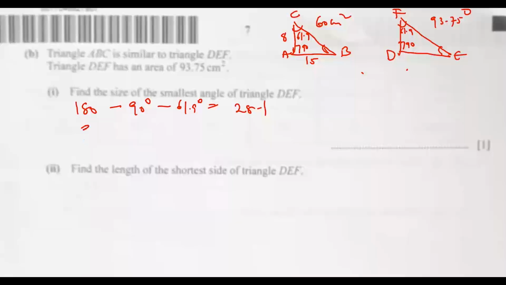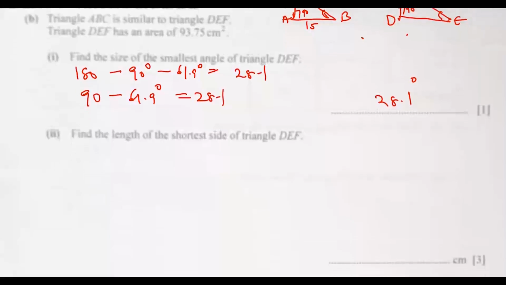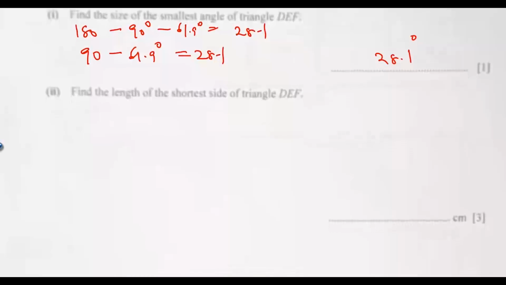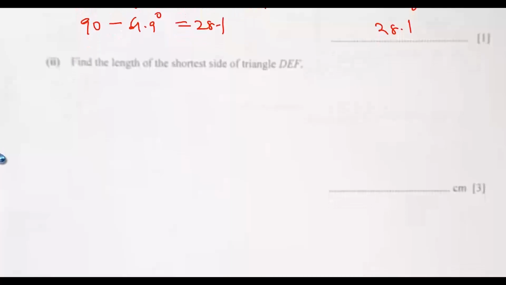So we can say 90 minus 61.9 degrees, which still gives us 28.1 degrees. If you look at the three angles, the smallest angle is 28.1 degrees. So the B part, we have to find the length of the shortest side of the triangle DEF.